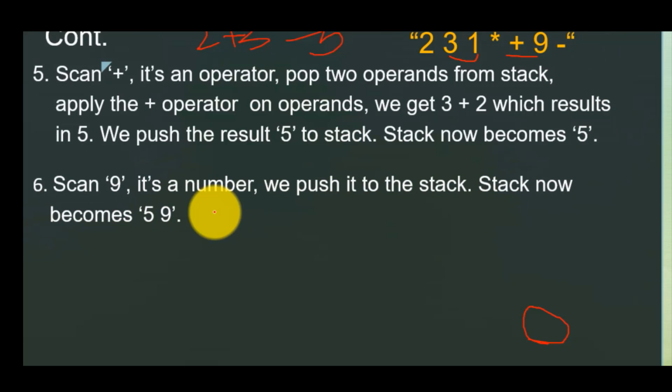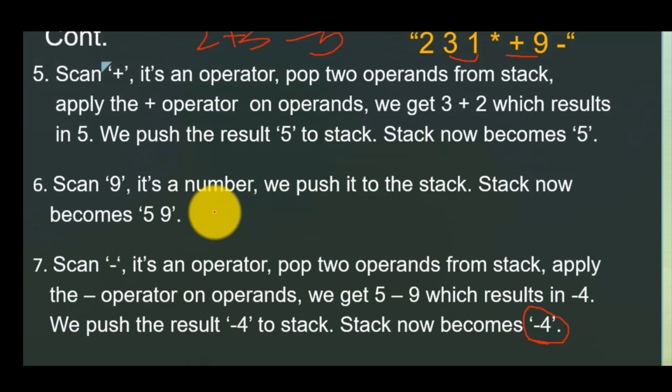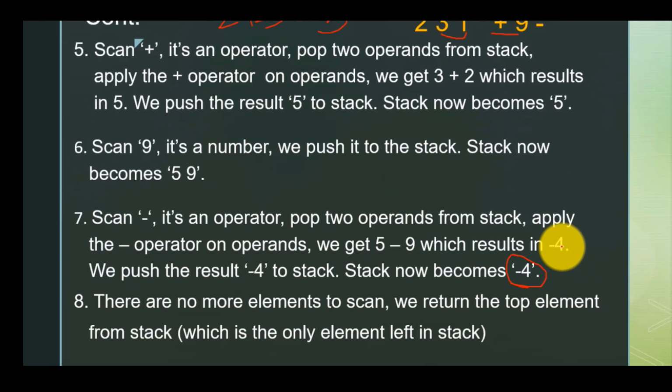In this case, we had 5 and 9. So 5 minus 9, that's why we get the negative 4, because 9 is greater than 5. Since there is nothing more to be scanned, it will stop scanning. We'll have the negative 4 as our answer.